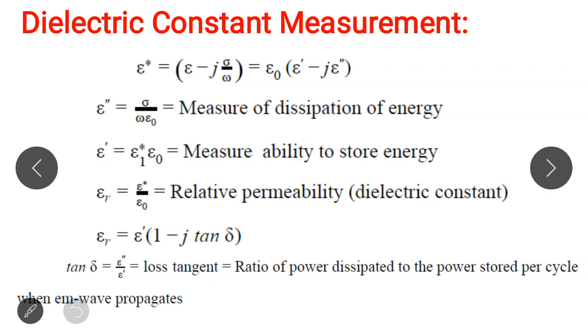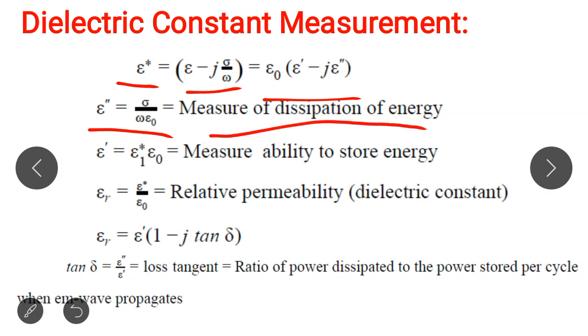Now this complex term, that is epsilon conjugate, becomes equal to epsilon minus j sigma divided by omega, and that becomes equal to epsilon 0 epsilon dash minus j epsilon 0 epsilon double dash. Where epsilon double dash equals sigma upon omega epsilon 0, a measure of dissipation of energy.